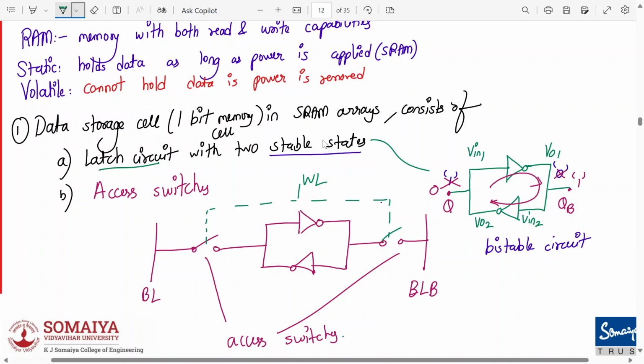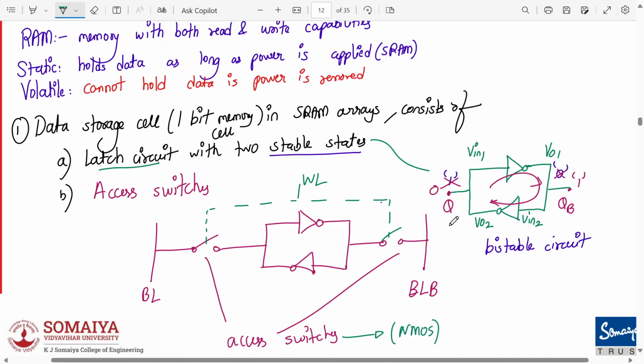So what can we use as access switches? Basically MOS transistors, right? We know MOS transistors can be used as digitally controlled switches. So we will be using NMOS transistors. To perform read and write operations with this 1 bit memory cell, we have to use two switches.